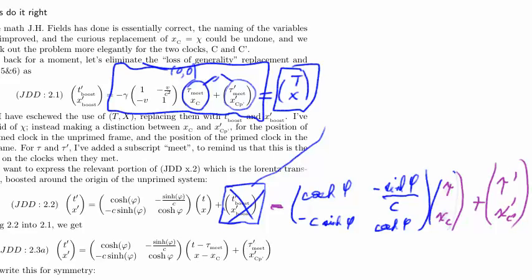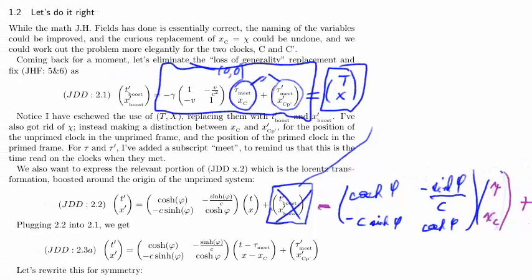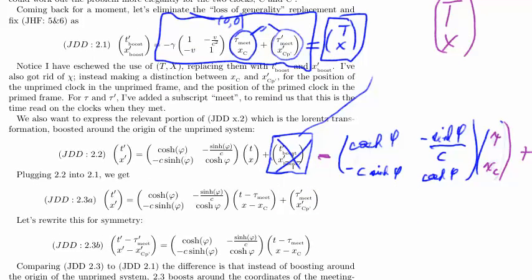Now, what is cool about this is that we've eliminated the tx from the situation completely. What do we have instead? We can also subtract this from both sides, putting that as t prime minus tau prime meet, x prime minus x sub c prime. And guess what?